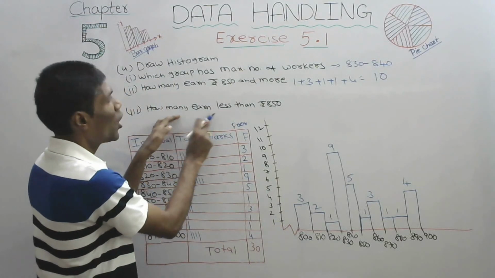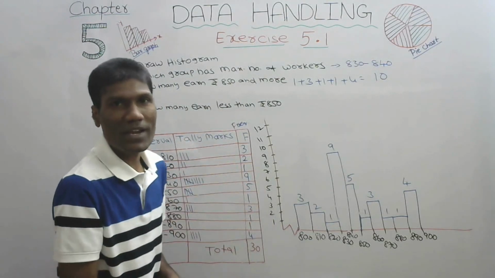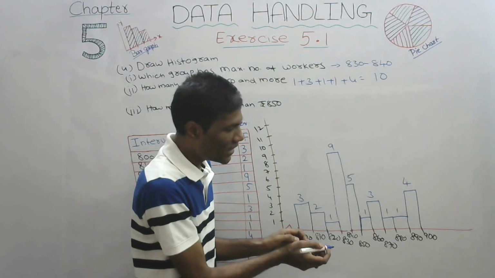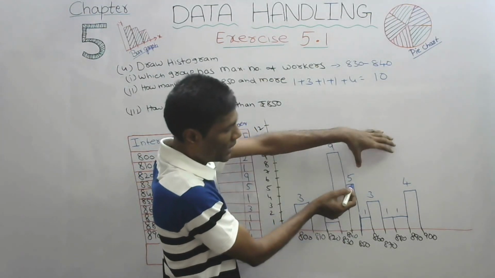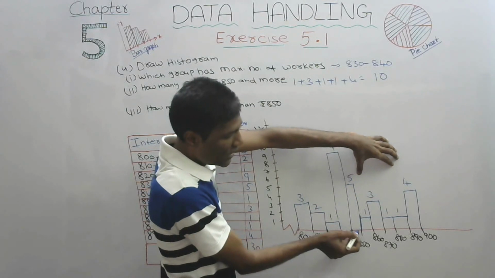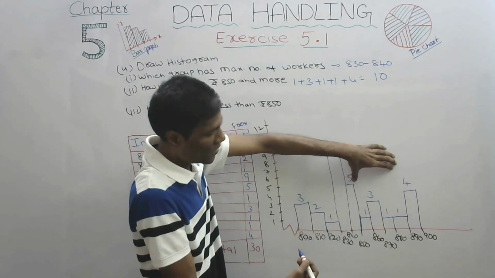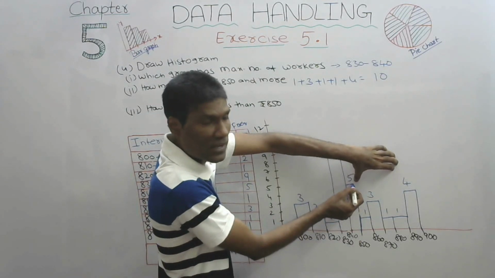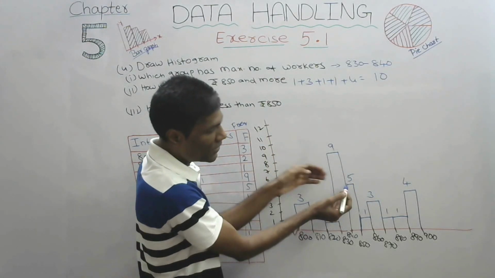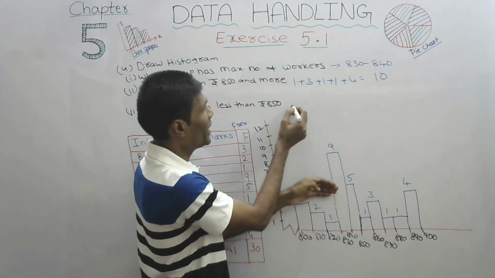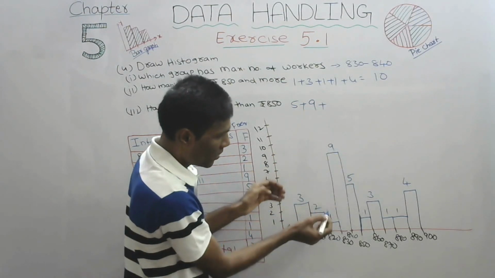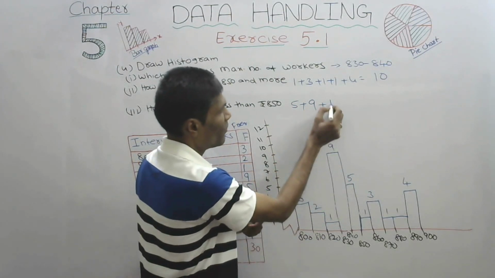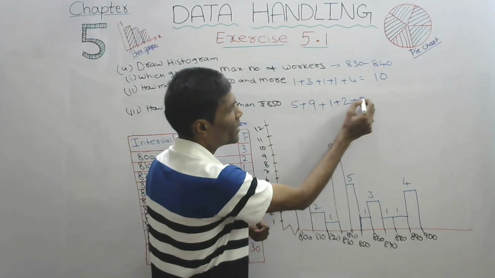Next question is how many earn less than 850? Now see where the 850 is. Here the 850 is there. This point. Now this is 840 to 850. So up to this 850. Less than this, that is the left hand side of this. This 5 plus 9 plus 1 plus 2 plus 3.